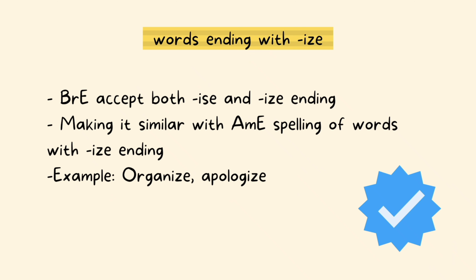And lastly is words ending with ize. For instance, organize, apologize, and analyze. It is usually in British English we can see that they end with ise instead of ize, but it is also acceptable to end these words with ize, so that makes it similar to the American English.